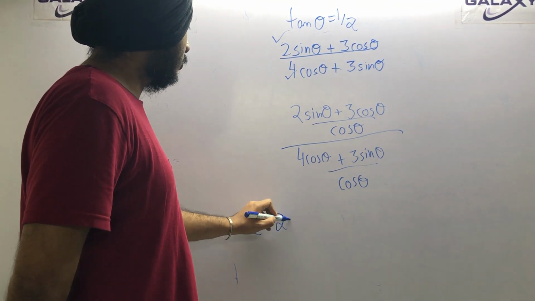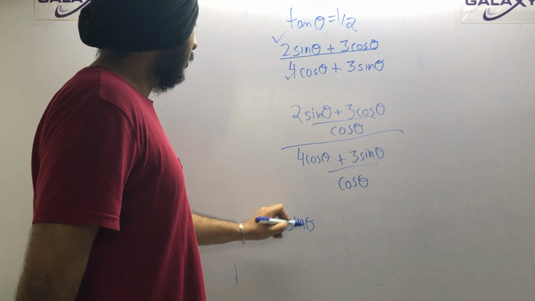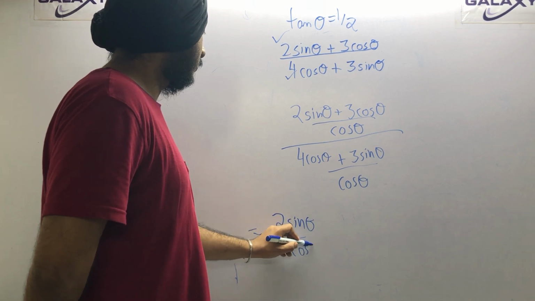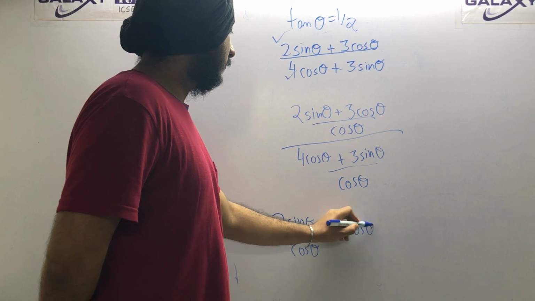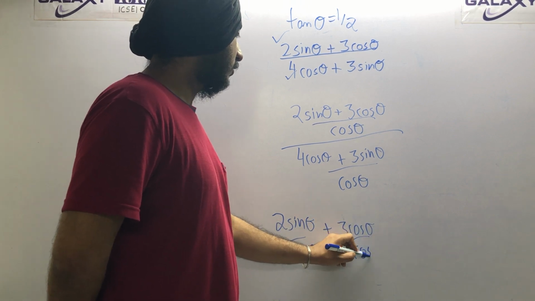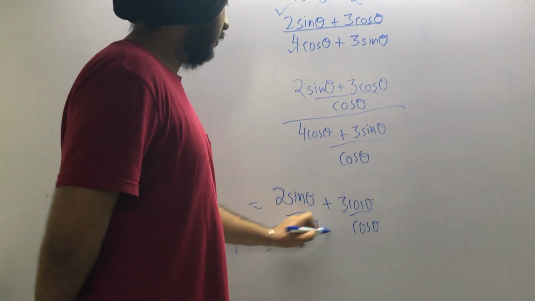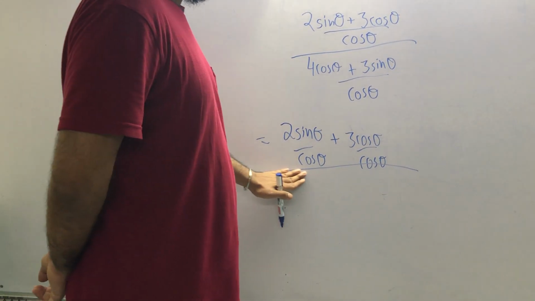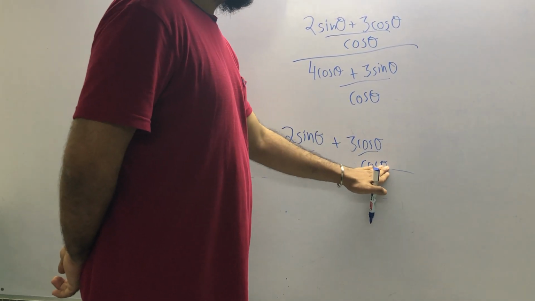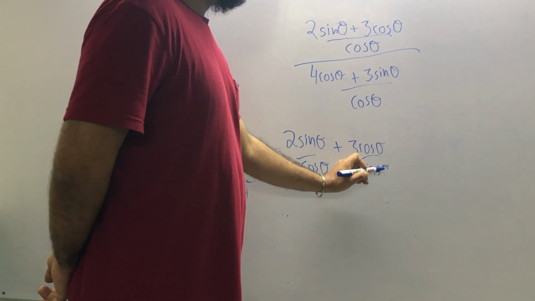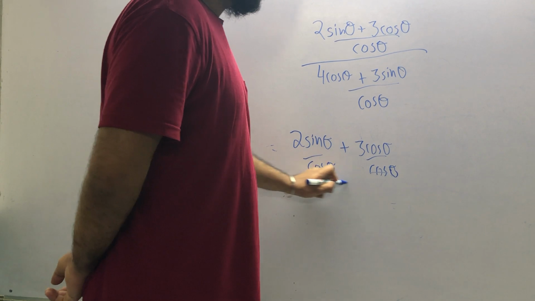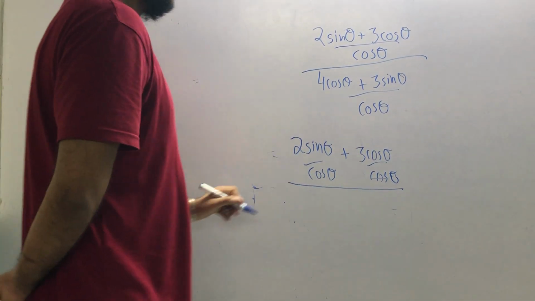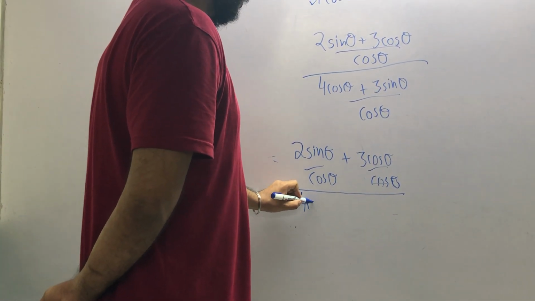We can write this as 2 sin theta upon cos theta plus 3 cos theta upon cos theta, and upon what comes here, in the bracket you can write upon 4 cos theta.